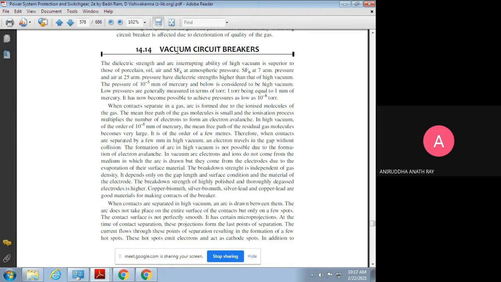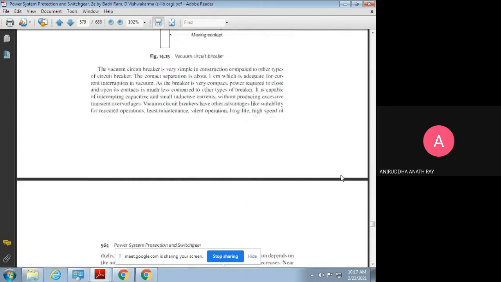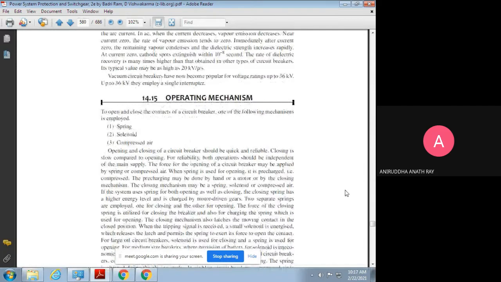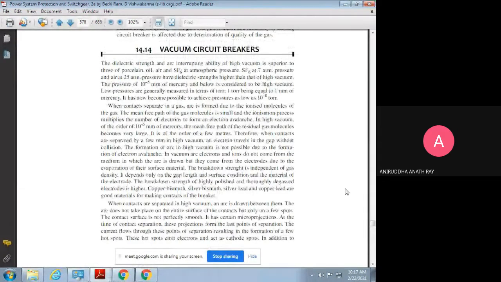Now, students, let us see the working principle. When the contacts are separated in a gas, the arc is formed due to ionized molecules of the gas.